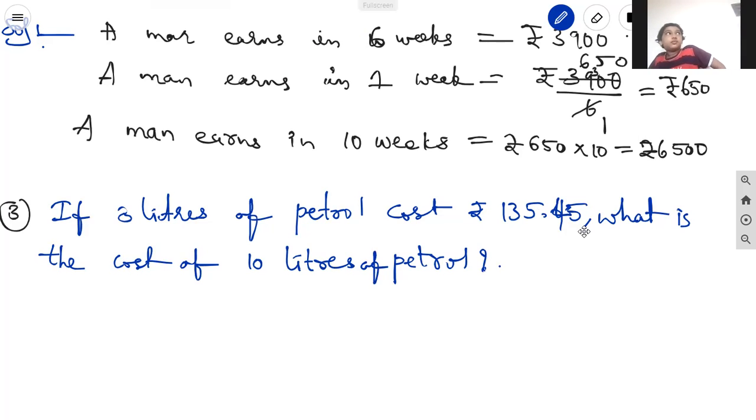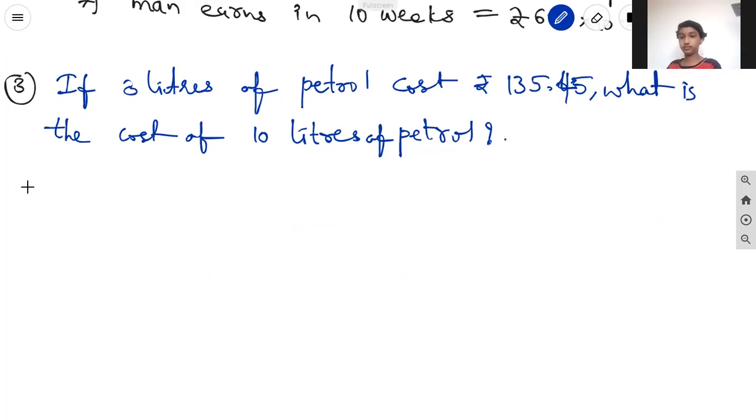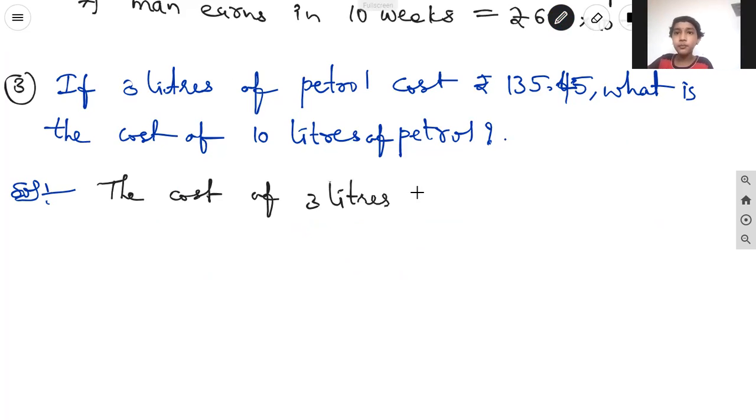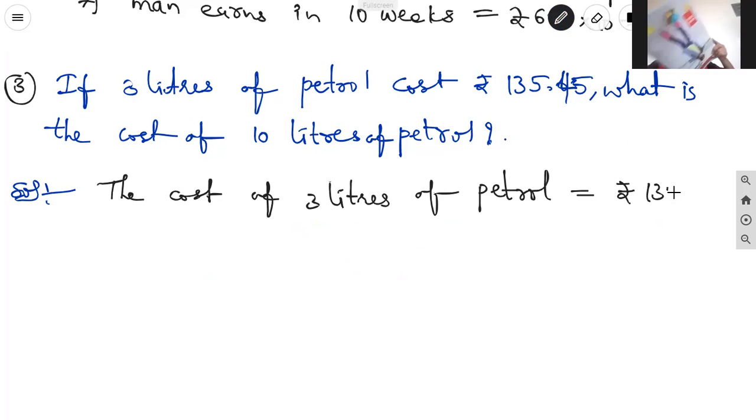Okay. Here also same thing. First we can write the cost of 3 liters petrol equal to 135 rupees 45 NP.